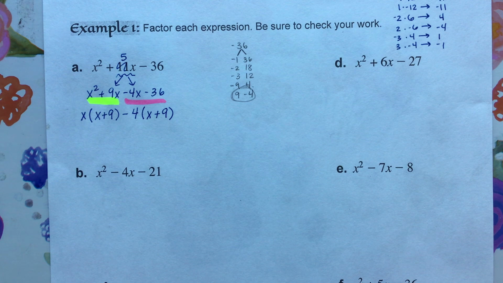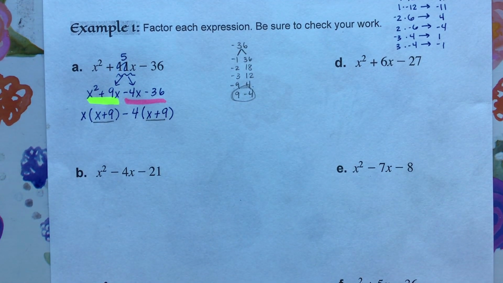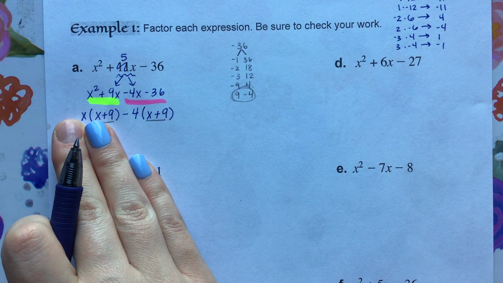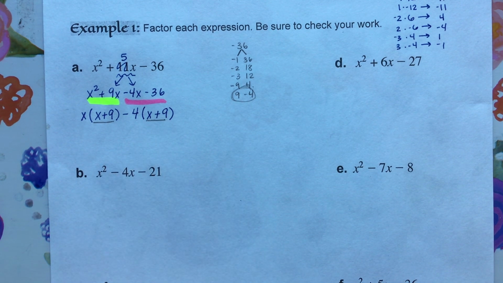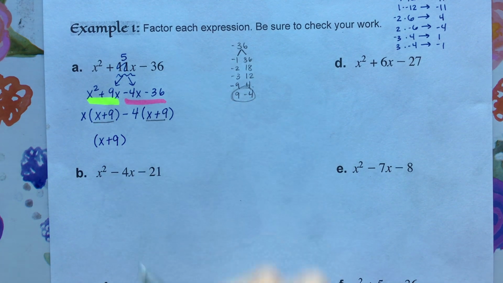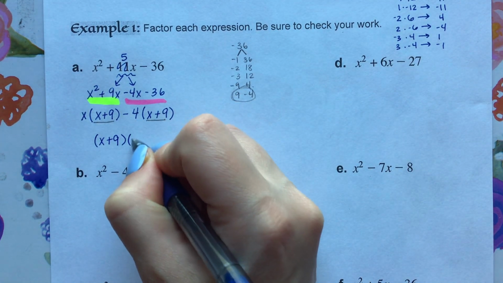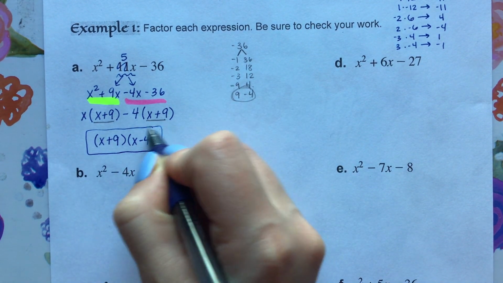At this point, I have this x plus 9 that's matching, so I'm going to be able to factor that out of the front and back. The front part of my expression and the back part of my expression have that x plus 9 in common, so I'm going to factor x plus 9 out. And now what do I have left over? I have x minus 4, so that's my next set of parentheses. And there's your solution.